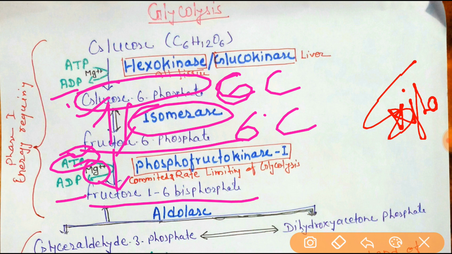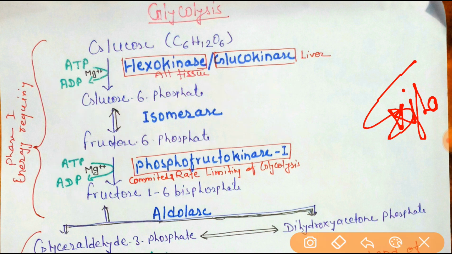One ATP is used and one ADP is formed in the first and third steps. Phosphofructokinase is the committed step and also the rate limiting enzyme of glycolysis.